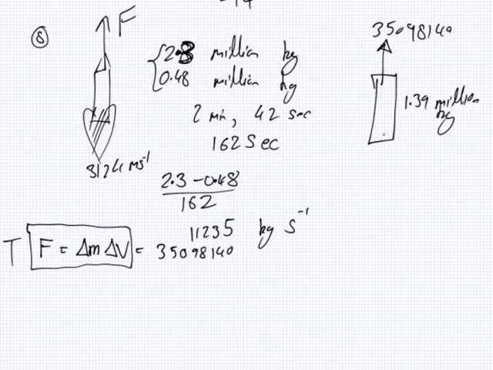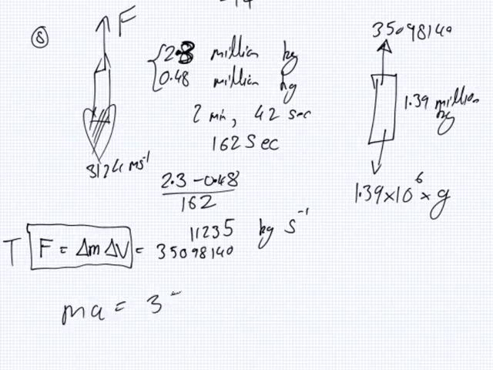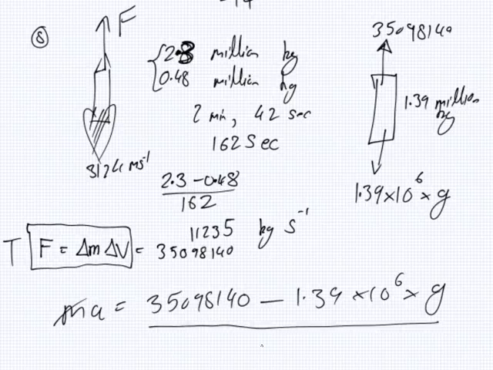G. Yeah, which is 1.39 million G. So really I should have had MA equals 35098,140 minus 1.39 times 10 to the 6th times G, the total force. So dividing by the M, which is 1.39 times a million. Now I've got my answer, hopefully.